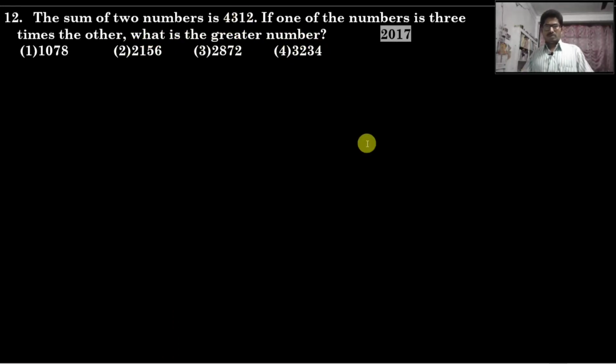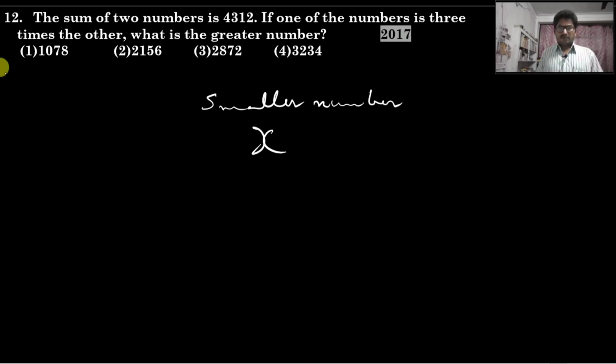So let the smaller number be X. The greater number is 3 times the other.